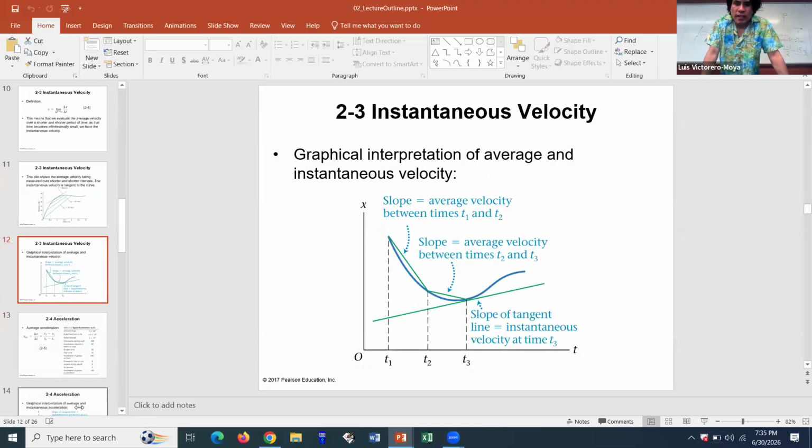So using the slopes allows you to do that. The slope tells you the average velocity between times.